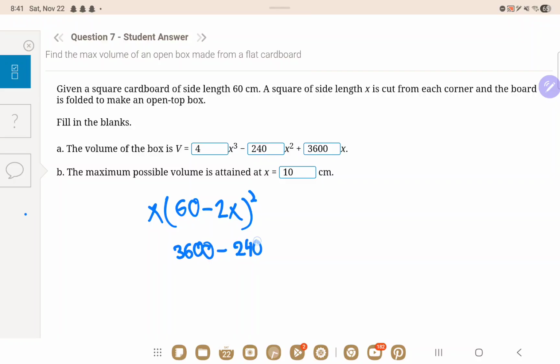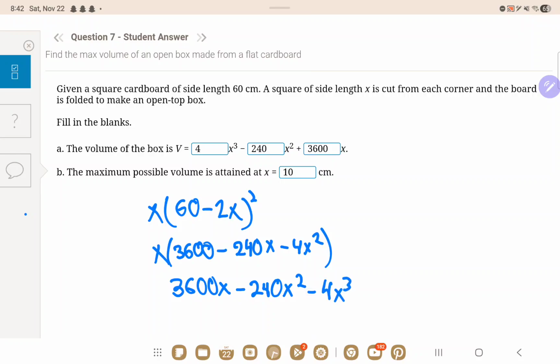240x, and minus 4x squared. Then you multiply all of this by x, so 3600x minus 240x squared minus 4x cubed, and then you equate this to 0. You derive it.